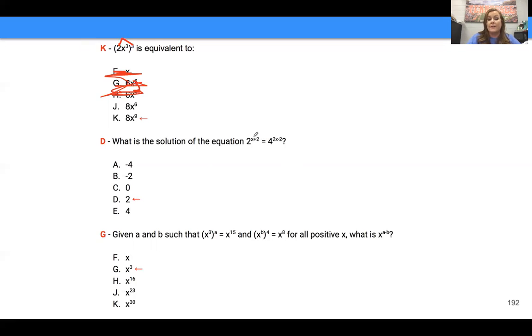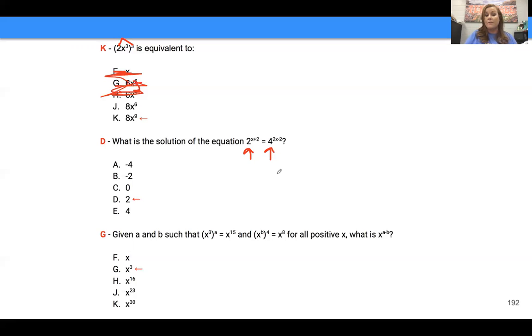When I look at this, there's no way for me to solve it unless, by the rule of exponents, my bases are the same. If this was 2 to the x plus 2 equals 2 to the 2x minus 2, I could just set the exponents equal to each other. But they're not. So you ask yourself, can I make the bases the same?